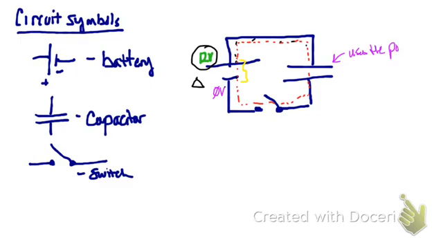It uses the potential, and it acquires as much charge on this part of the battery as is possible, to give us a 12 volt potential across our capacitor.